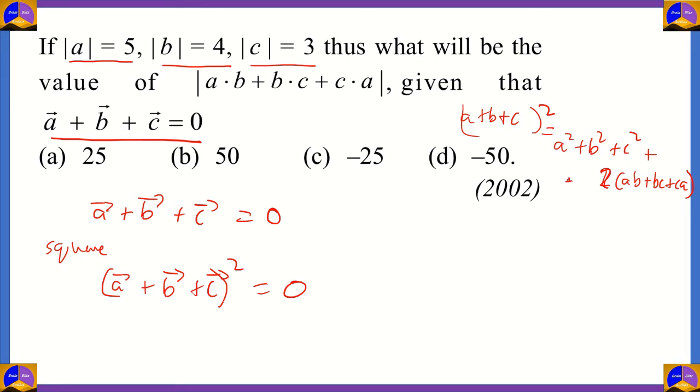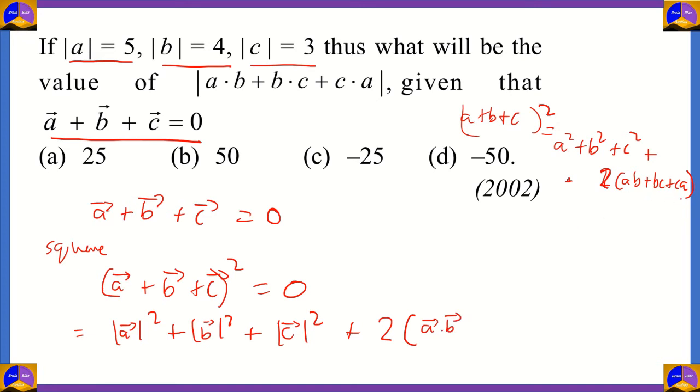So vector A the whole square, we can write as mod vector A the whole square, plus mod vector B the whole square for the second variable, and mod vector C the whole square for the square of the third variable. And then inside the bracket which is multiplied by 2, you need to apply the dot product. So a dot b, because here we have 2 times (ab plus bc plus ca).